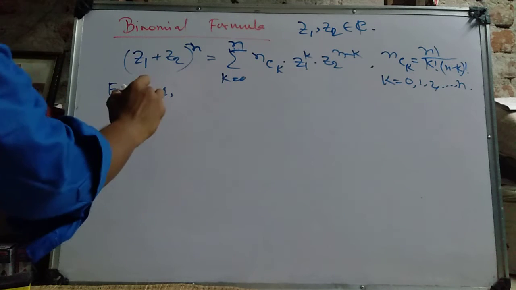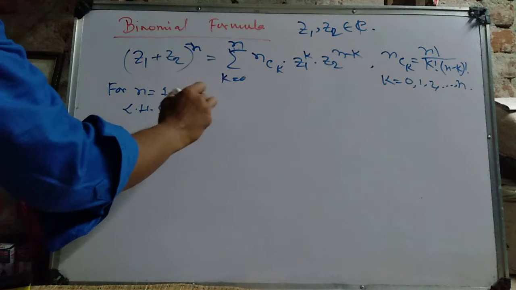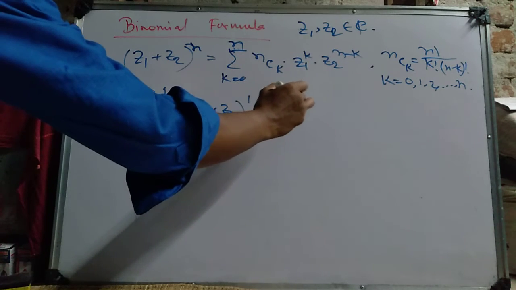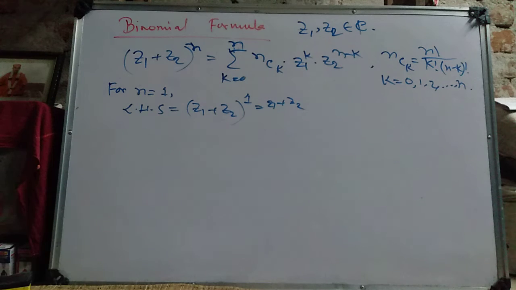For n equal to 1, the left hand side is (z1 + z2) to the power 1, which equals z1 + z2. This one is easy.